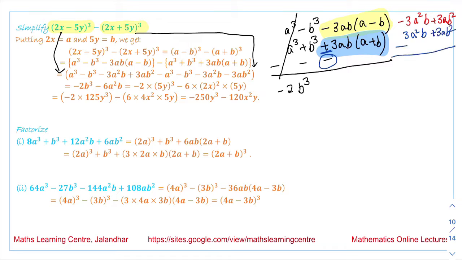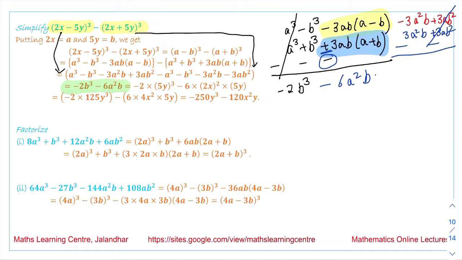So when you subtract these terms, these two will get cancelled out and we are left with minus 6a square b.